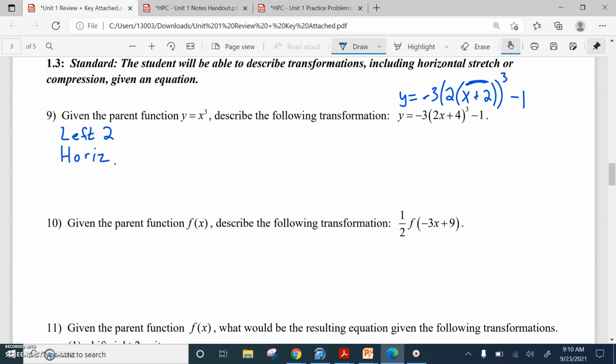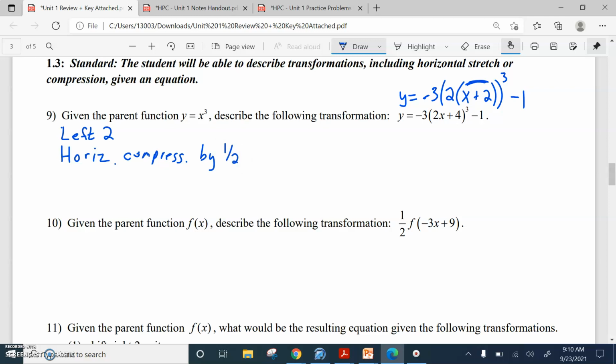And then from there, when the number is a big number, something bigger than 1, a 2, a 3, a 5, that is what we call a horizontal compression. And we always, again, use the descriptor as the reciprocal. So it's a compression by 1/2 because the number inside the equation is 2.